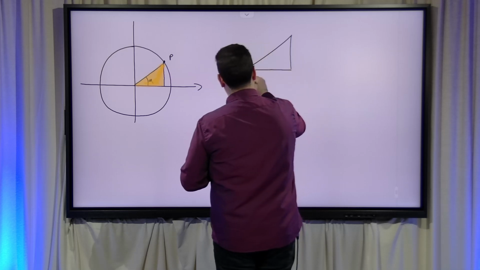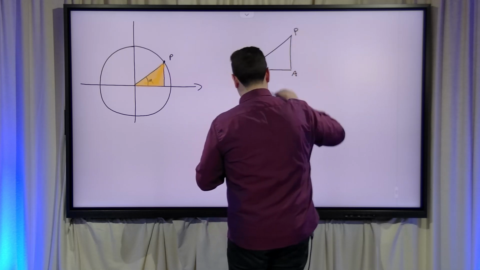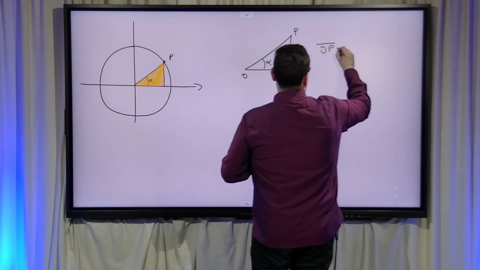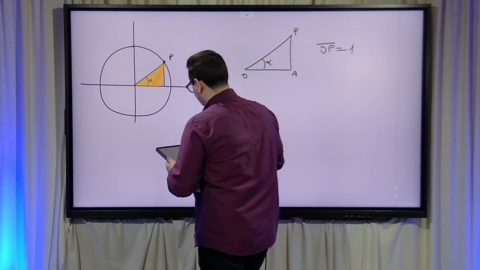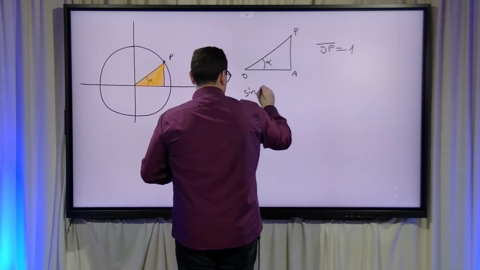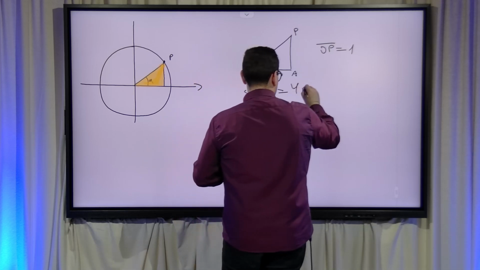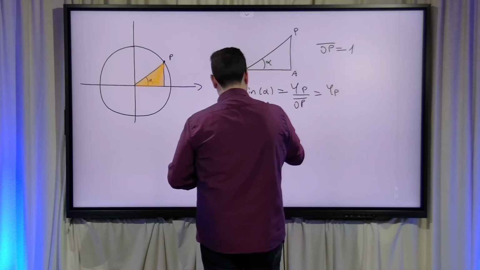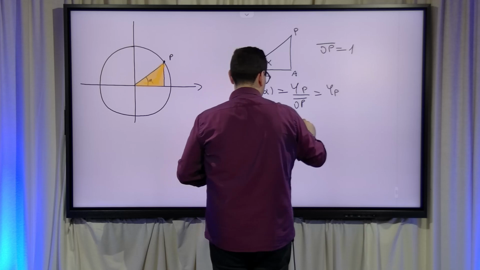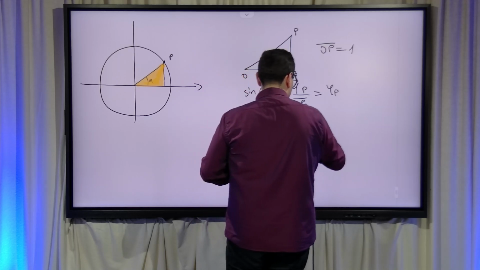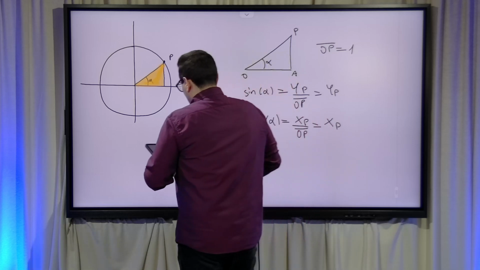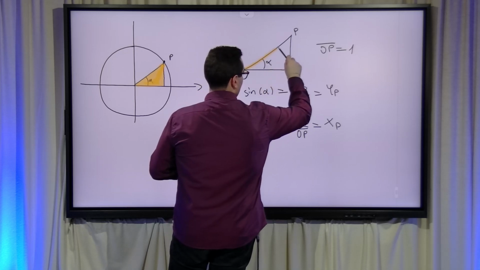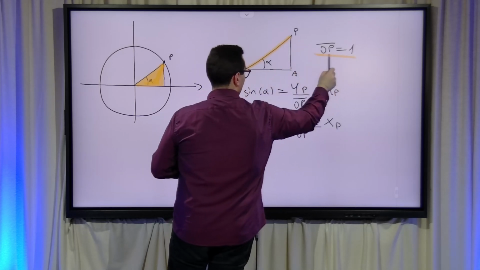It's a right triangle where OP is equal to 1. The sine of alpha, following the previous definition, is this one. Same for the cosine of alpha. So this is a triangle where we have 1 here.